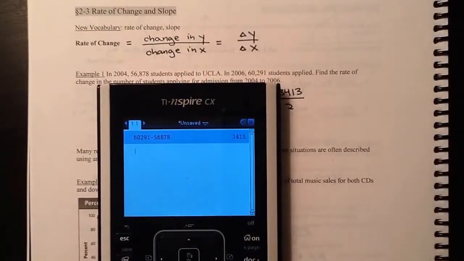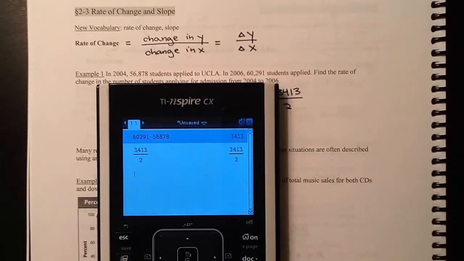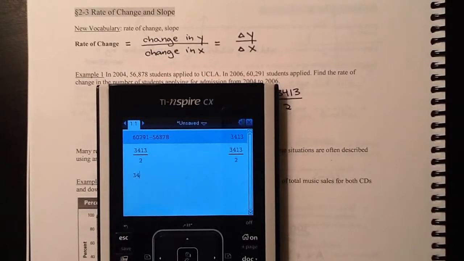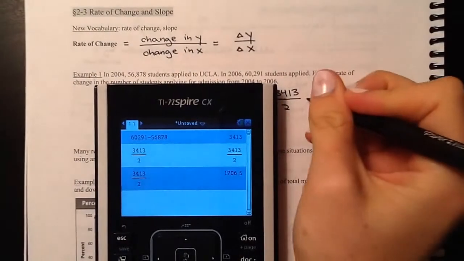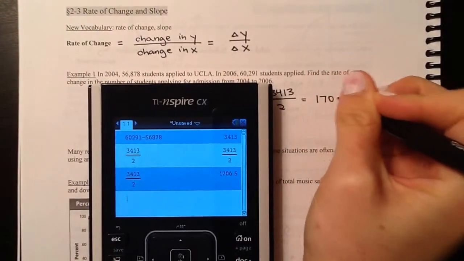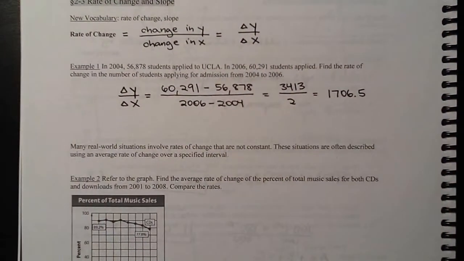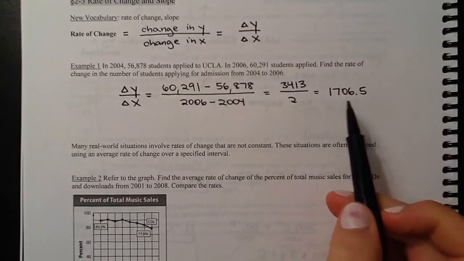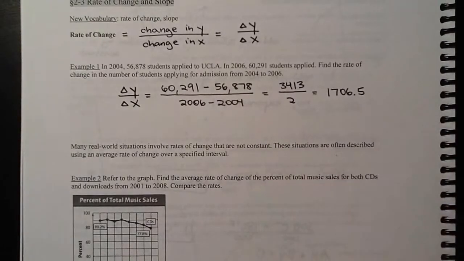So when we take that number that we just got and divide it by 2, we get, oh, well, that's a fraction form. Let's try that again. There we go. In decimal form, we get 1,706 and then 0.5. So when you're talking about a rate of change, this is students per year. There was an increase in this many students per year.